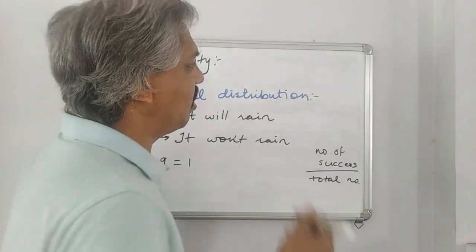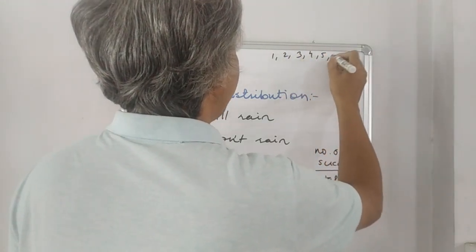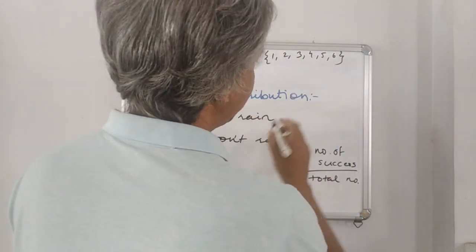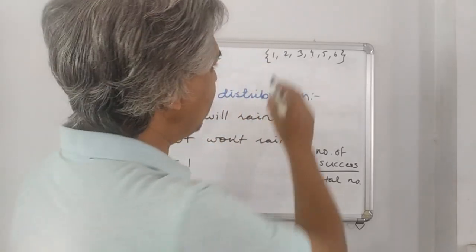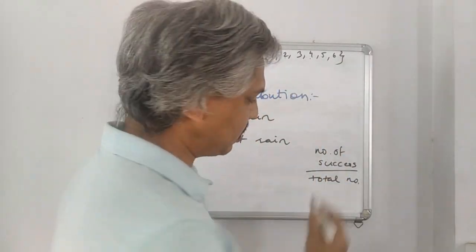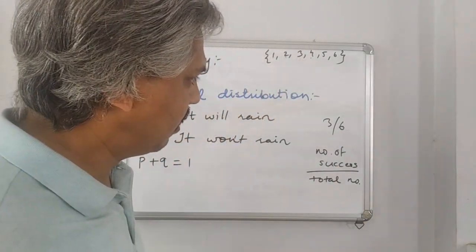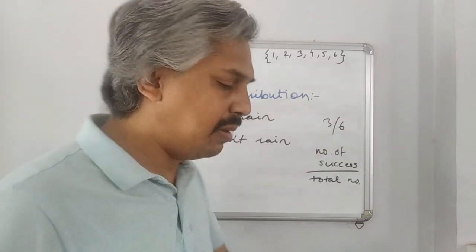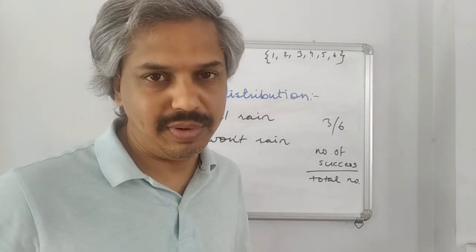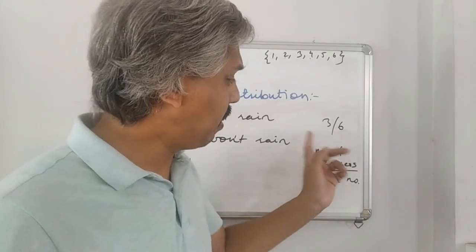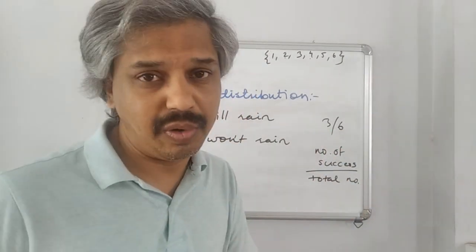Like previously we saw, if we want an even number in the score 1, 2, 3, 4, 5 and 6, then 2 is a success, 4 is a success, 6 is a success. 1, 3, 5 are failures because they are odd numbers. So the successes are 3, divided by the total number, 6. So the probability is always between 0 and 1. If the probability is 0, it is an impossible event because it is never going to occur. If the probability is 1, it is a certain event. A certain event is sure to take place. It is definitely going to happen.